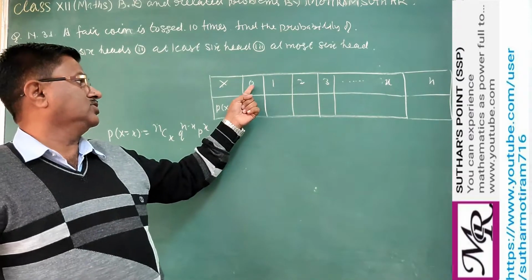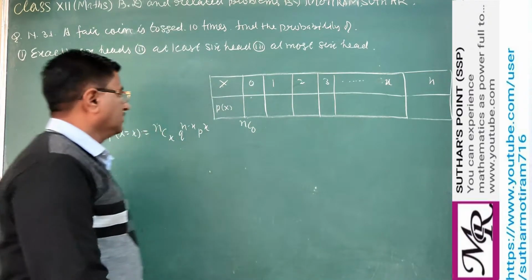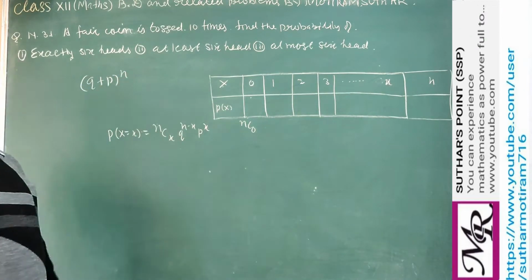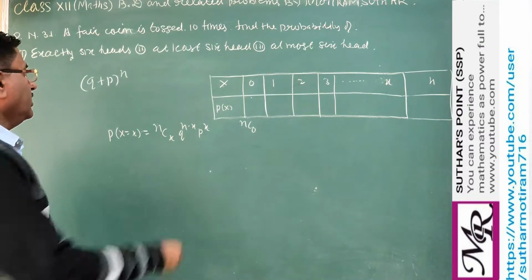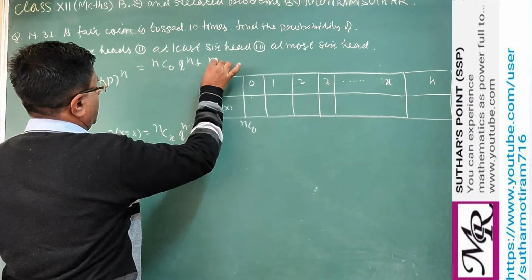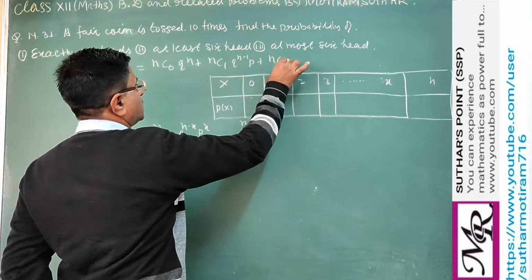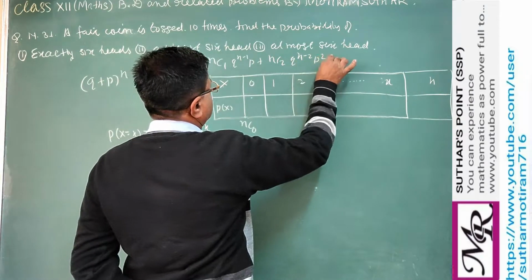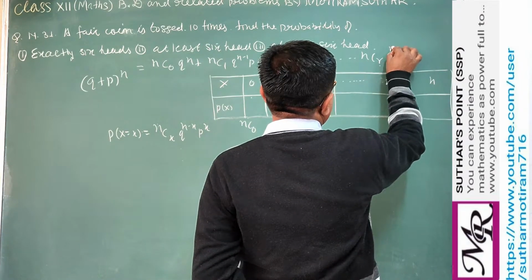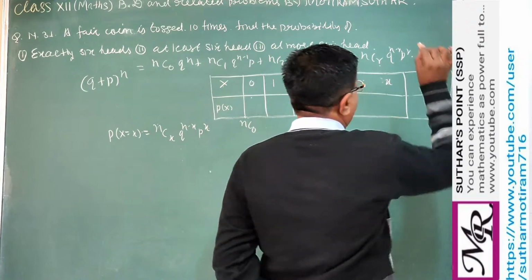So when it is 0, then as the binomial says, nC0, if you are expanding the binomial q plus p power n, as in 11th class, you see nC0 q power n plus nC1 q power n minus 1 p plus nC2 q power n minus 2 p square, and in between we have for r, nCr q power n minus r p power r, and the last is nCn p power n.